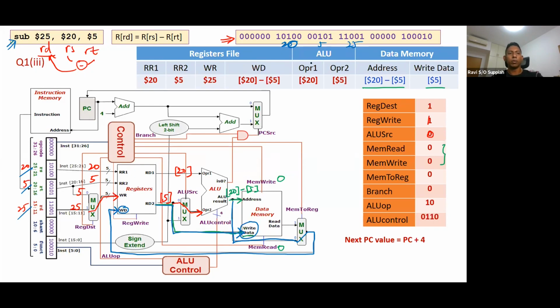From the instruction, we know that we are not talking about value 20 or value 5. We're talking about the contents in register 20 and the contents in register 5. So when I take 20 and send it to RR1, I'm saying that I want the data in register 20. When 5 comes to RR2, I'm talking about the data in register 5.